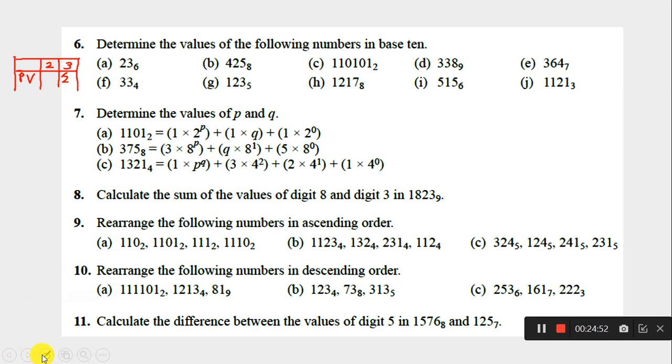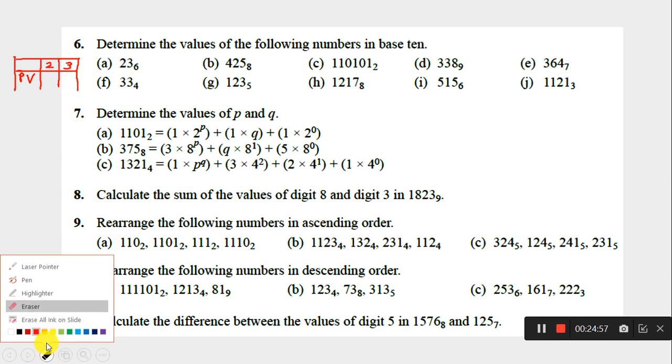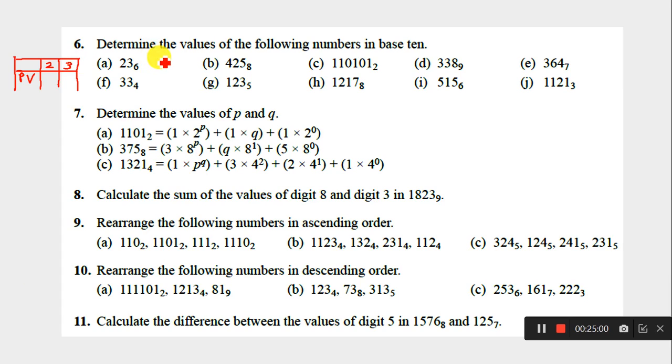So since this is base 6, so this is 6 to the power of 0, 6 to the power of 1. Okay, so the next column is the value. 2 times 6 to the power of 1 plus 3 times 6 to the power of 0.